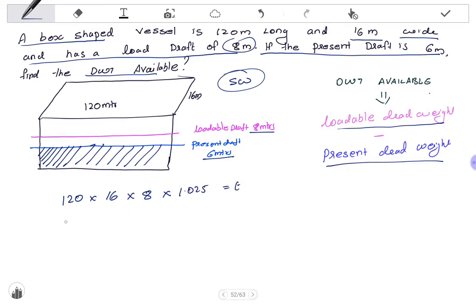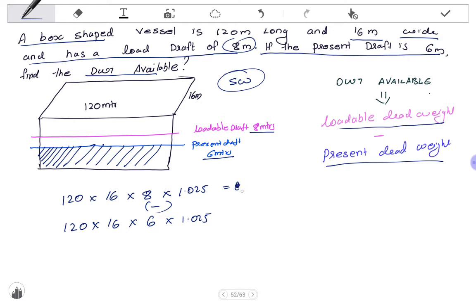Okay, and the present displacement is equal to 120 into 16 into 6 meters into 1.025. So the difference between these two will be the displacement available.